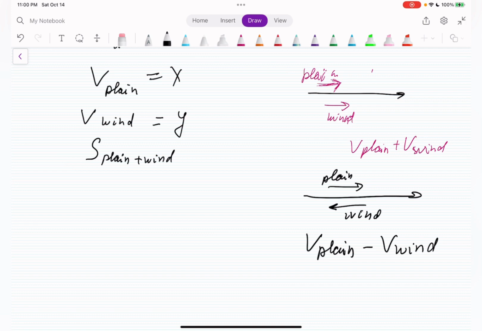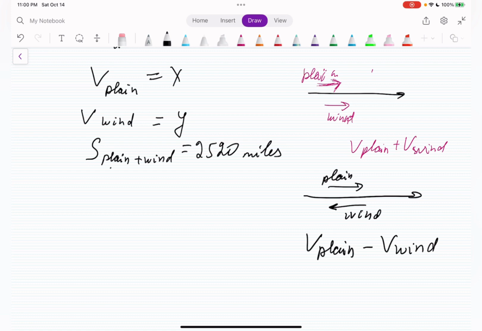So in this case, the plane traveled 2,520 miles with the wind, so the wind is helping, in 4.5 hours.